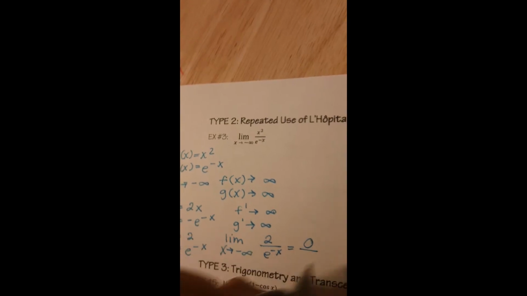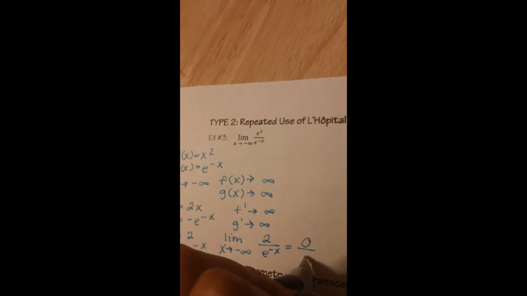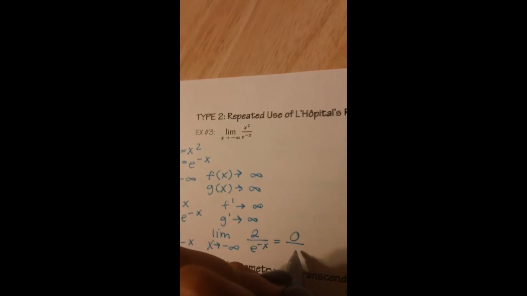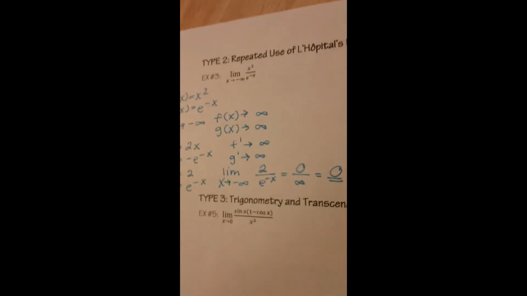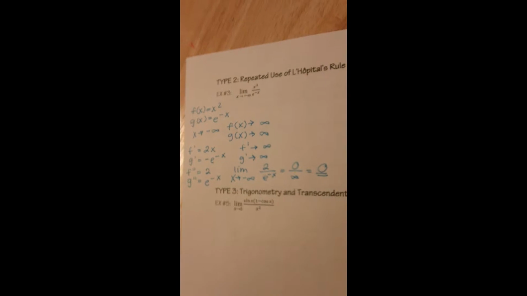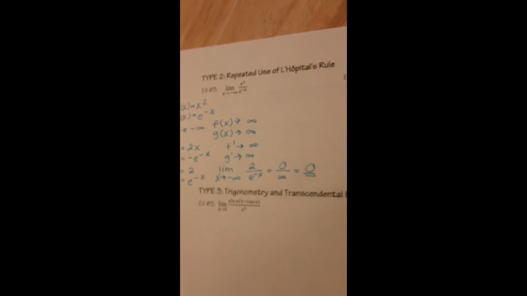You have 2 over infinity. 0 is overpowering, so your answer to that one is just 0. And then graph this equation in case it doesn't make sense.